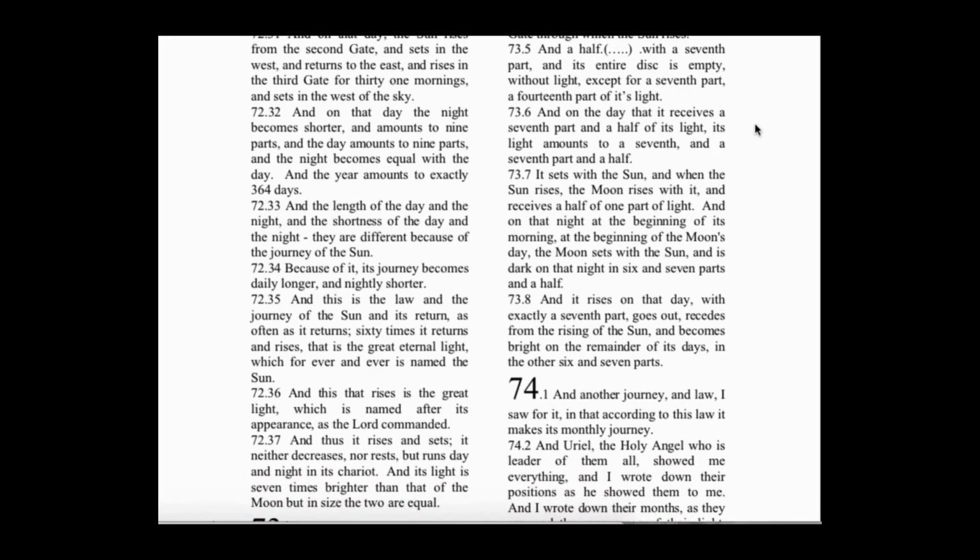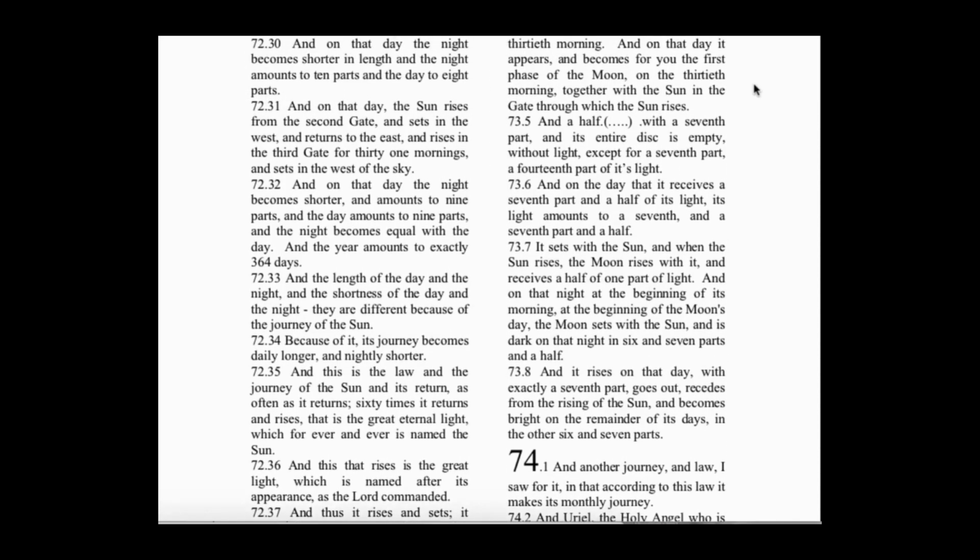And its entire disk is empty, without light, except for a seventh part, a 14th part of its light. So this is empty, which is the new moon, right? No light. The first phase of the moon is the end of the month into the beginning of the next month.